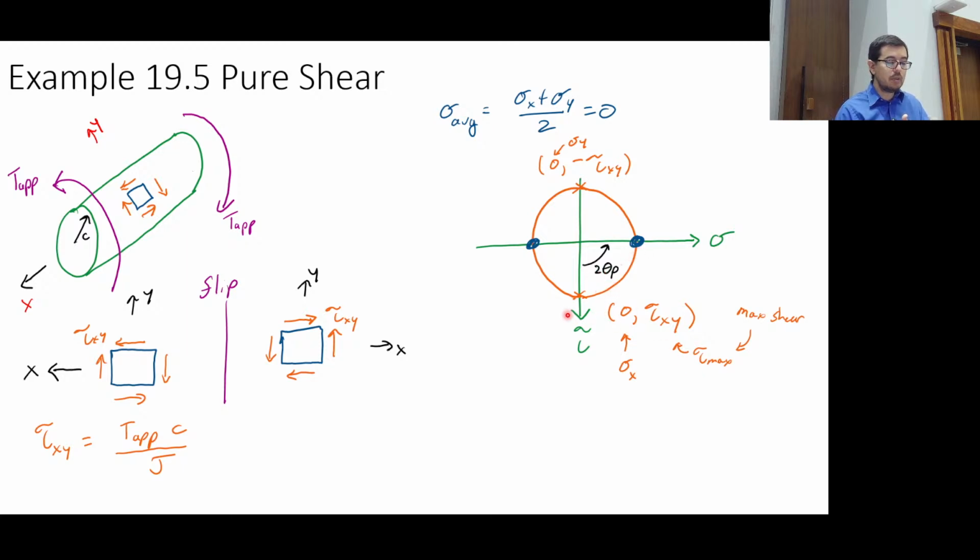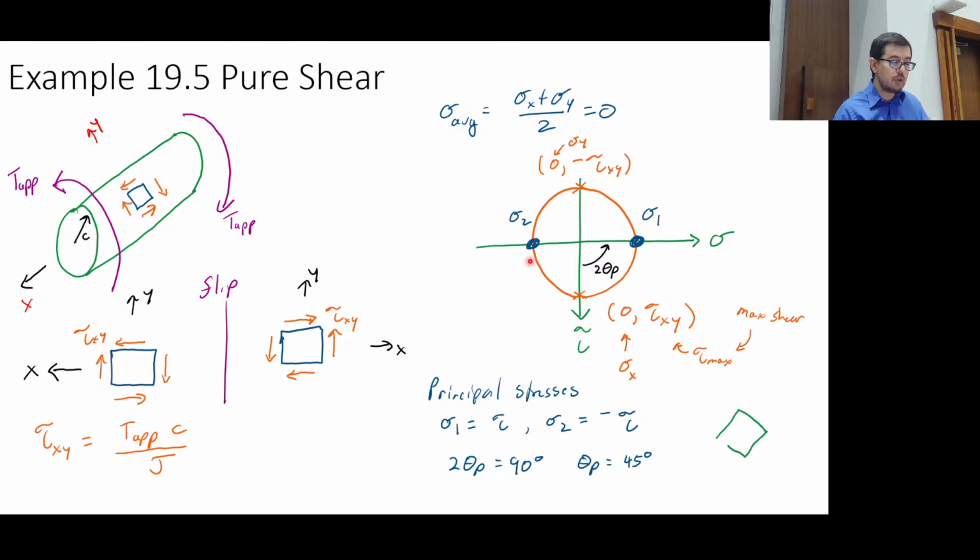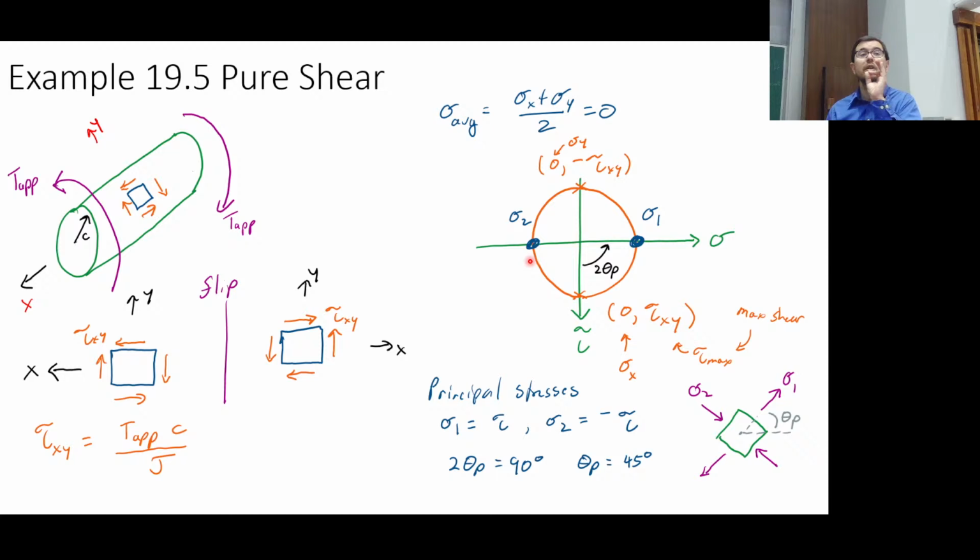So it's going to be whatever this value was up here, and then sigma y prime is going to come down to here, and that's going to be minus that value. Okay, so the state of stress looks like this. Okay, and we draw it like so. In the state of principal stress, there's 0 shear.